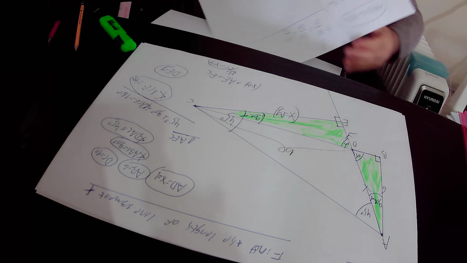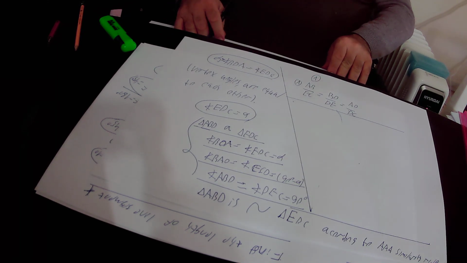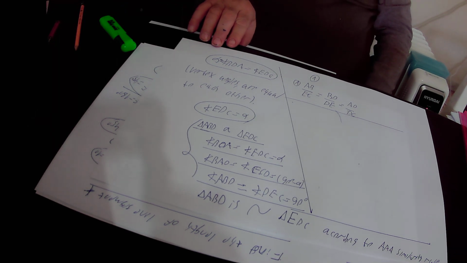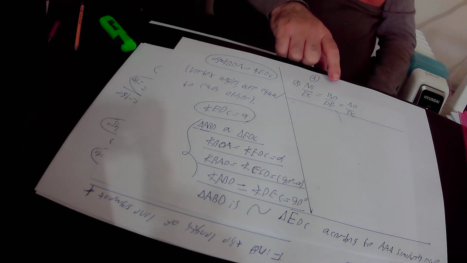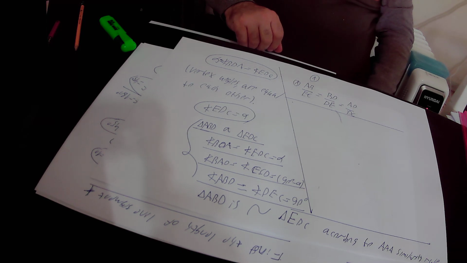I'll repeat again: AB over EC equals BD over DE, and it is equal to AD over DC. Okay?